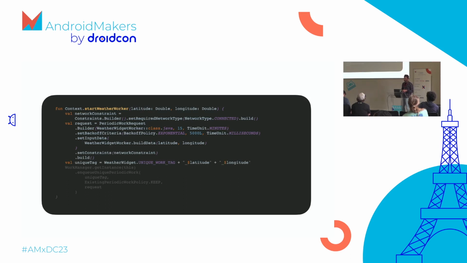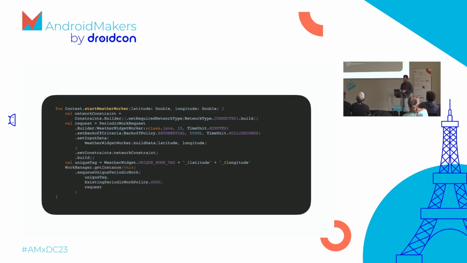After that, I'm putting the unique tag to not have multiple workers in case someone breaks things, I don't know, puts a few widgets that have the same location. So I'm putting the unique tag with my latitude and longitude. So even if you put 3 widgets for the same city, there will still be just one unique worker to handle all 3 of them.